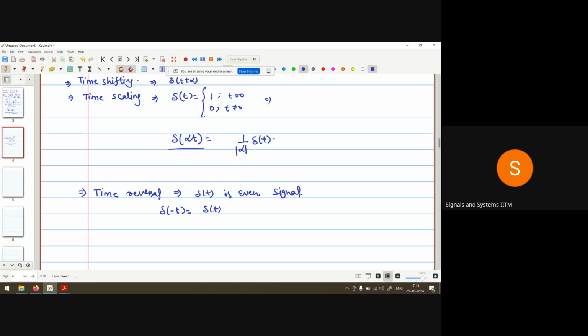Okay, so for example, I just take del of minus 4t plus 2. So the signal is 1 at t is equal to what? Tell me, at what value of t the value should be 1?